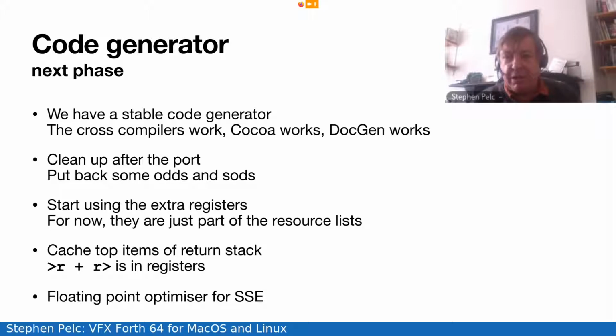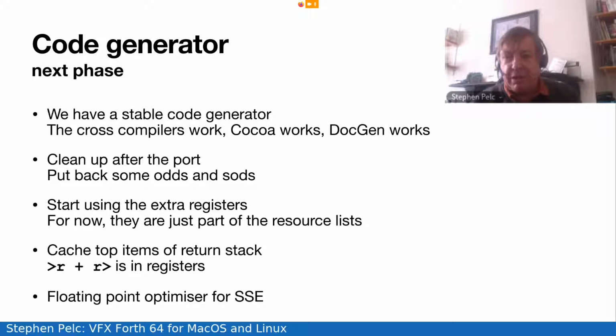We make more use of the extra registers. For now, they're part of the resource lists, and people who have experience of VFX Forth in 32-bit will notice that it doesn't shuffle the stack nearly as much as the old one did. So that is a performance improver, but the code is bigger.